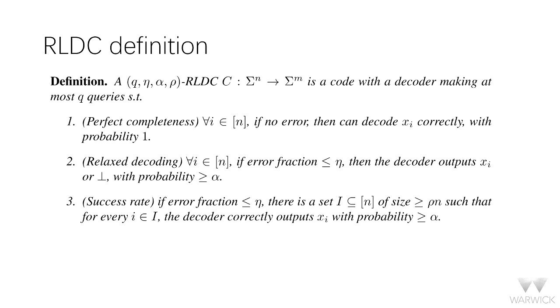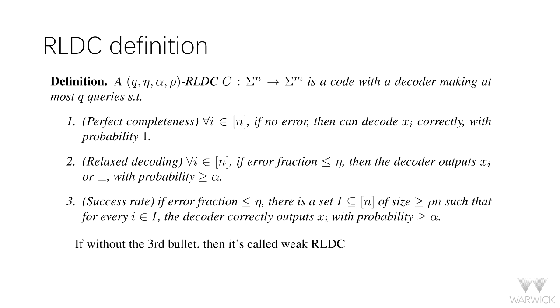The third property says that if the error fraction is at most eta, then there is a set I, a subset of [n], with size at least rho n, such that for every index in I, the decoder can correctly output x_i with probability at least alpha. This means that there is a subset on which the decoder does not have to abort; it can output x_i correctly.